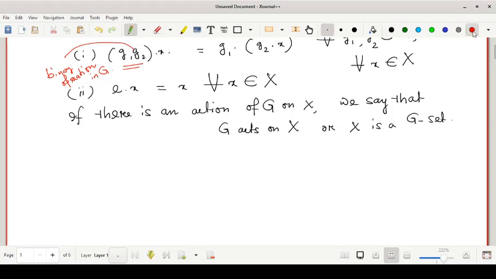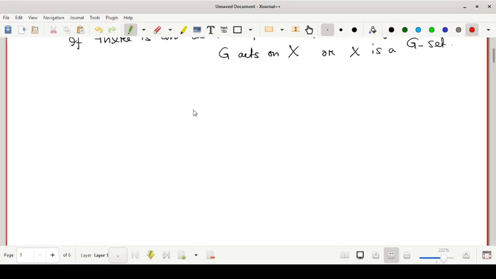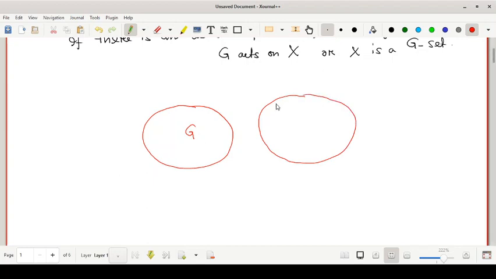So pictorially, if I try to understand this, I have a group. This is my G. I have a non-empty set X. The action is like this. If you take any g from here and any x from here, then dot of g and x will give you an element.